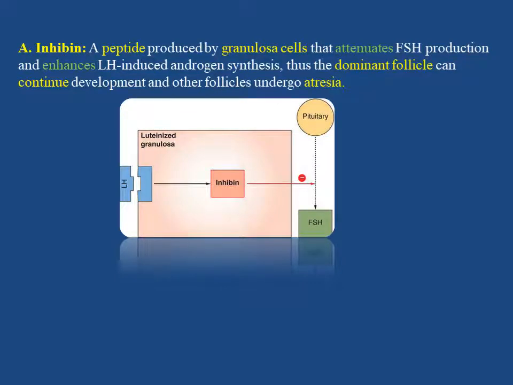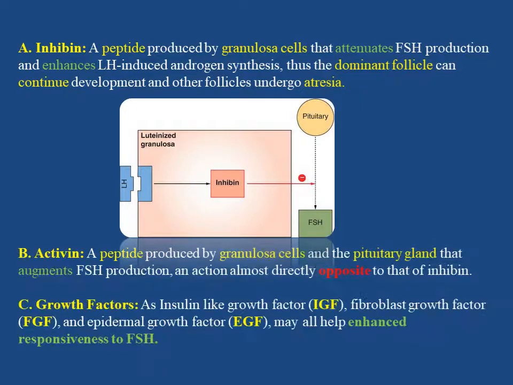Inhibin is a peptide produced by the granulosa cell, and it attenuates FSH production and enhances the LH-induced androgen synthesis. So the dominant follicle continues to grow and develop, and other follicles undergo atresia.